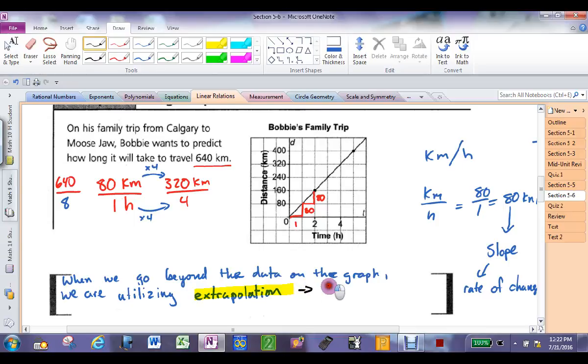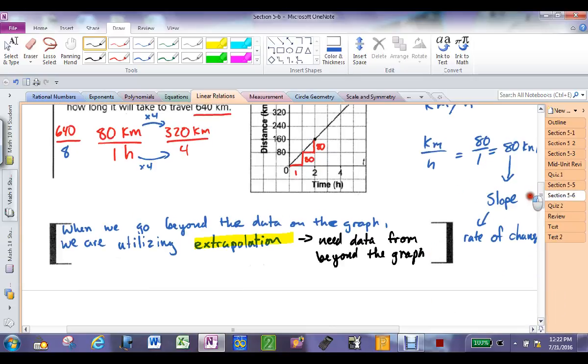Extrapolation means we need data from beyond the graph. I need extra data. Now, which of these is more exact, interpolation or extrapolation? Interpolation, because I have all that information.